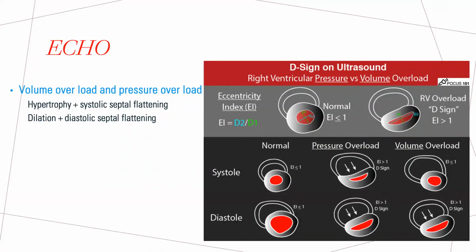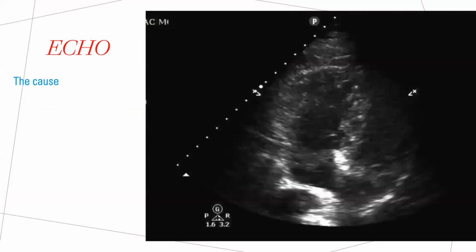However, in pressure overload, it is in systole. So again, hypertrophy and systolic septal flattening are the signs of pressure overload. However, dilatation and diastolic septal flattening are the signs of volume overload. Echo can sometimes show a clot in transit.